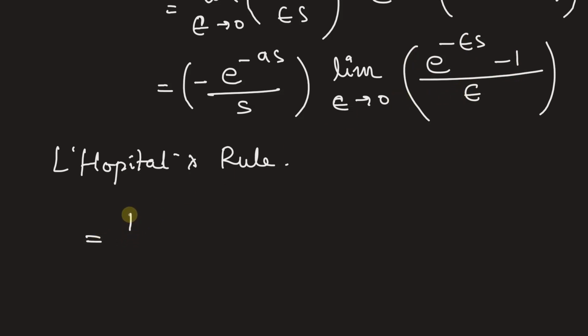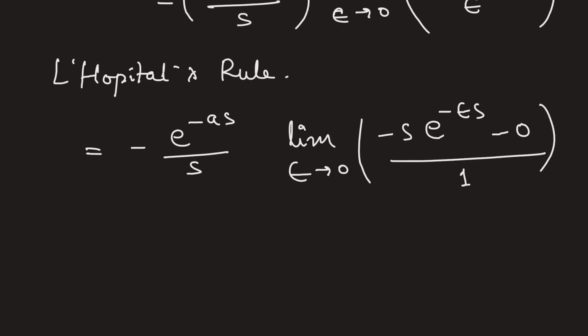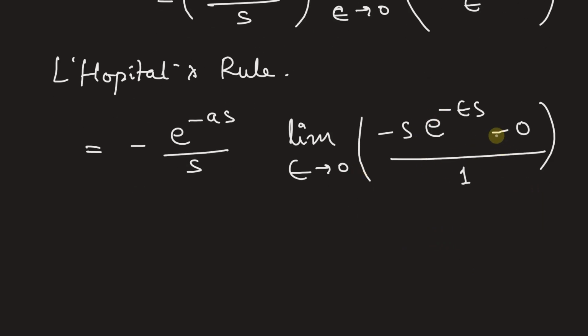Using L'Hopital's rule, we write negative e to the power of minus as upon s, with limit epsilon tends to 0. If we differentiate the numerator, we get negative s e to the power of minus epsilon s, the differentiation of minus 1 becomes 0, and the differentiation of epsilon is 1. Now this is not a 0 by 0 form.